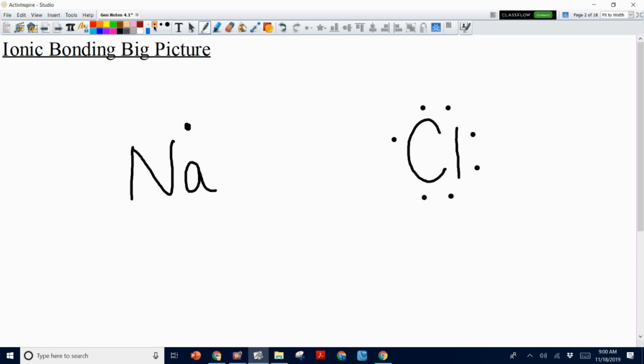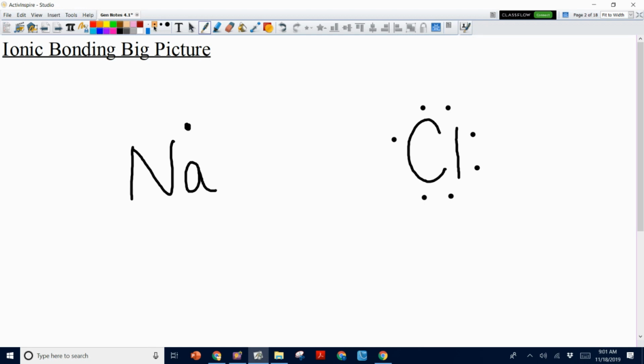All metals, and sodium is a metal, tend to want to give up their electrons because the valence shell right under that is going to be filled. So sodium wants to give away electrons. All nonmetals, like chlorine, want to accept electrons because they almost have their valence shell filled.